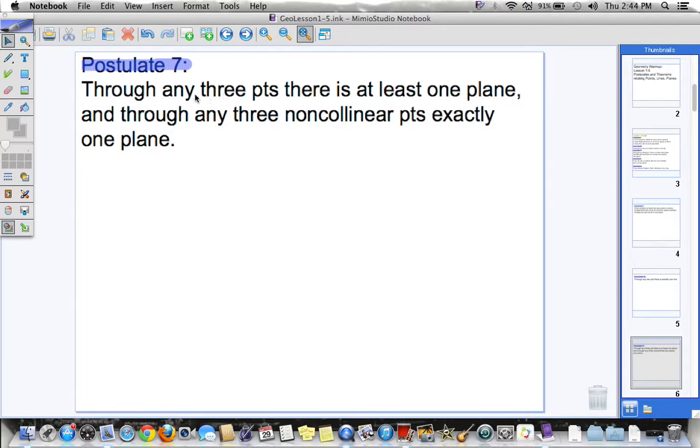What's the difference between through any 3 points, there's at least one plane, and through any 3 non-collinear points, exactly one plane? I'm going to highlight something here, and this is something you really have to understand. In the first part, it says at least one plane. The second part says exactly one plane. What's the difference?